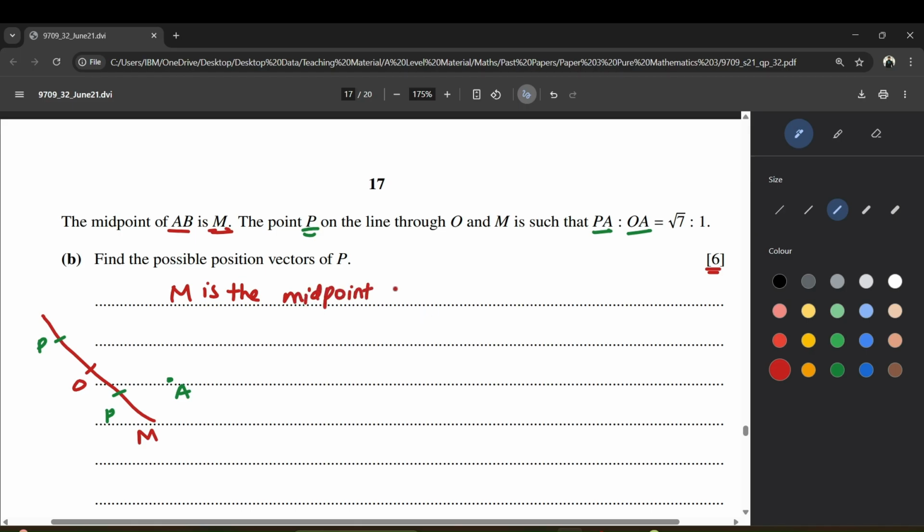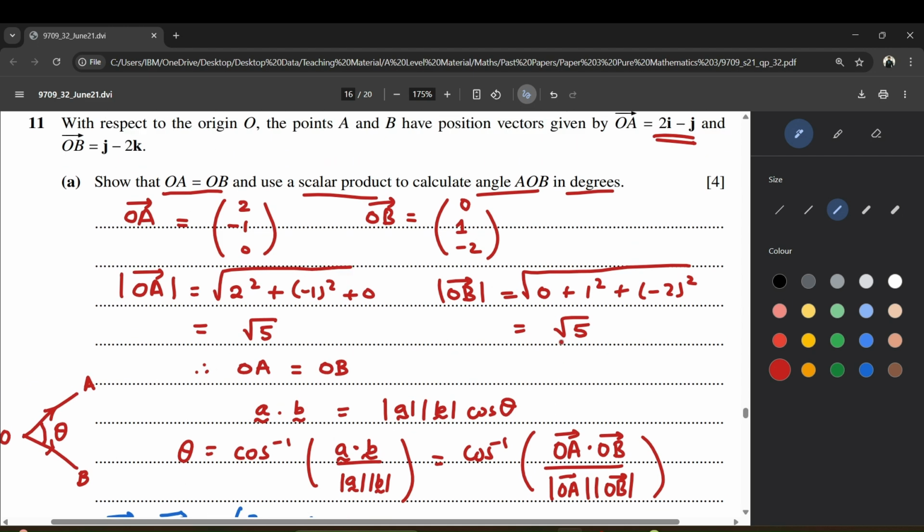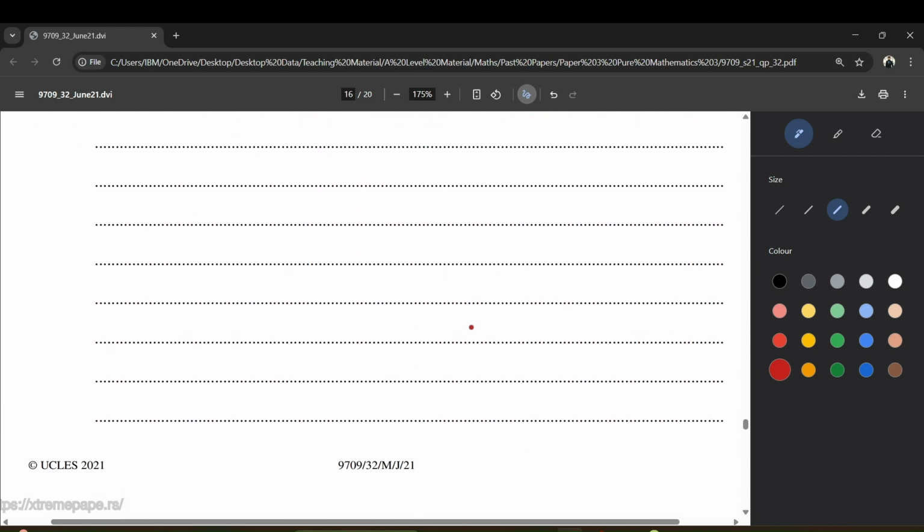Now if I write the coordinates of A and B, A will be 2, minus 1, 0, and B would be, what was B? 0, 1, minus 2.